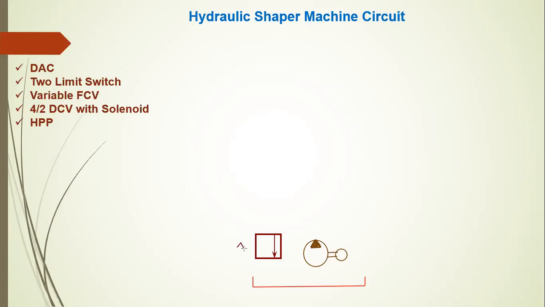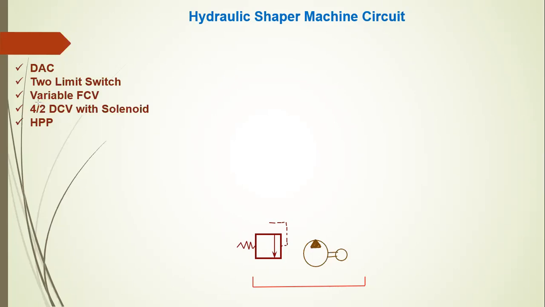When the pressure inside the hydraulic line rises or exceeds the critical condition, the pressure relief valve operates and removes the unnecessary oil from the hydraulic line, giving protection against higher pressure. This is the drawing for a pressure relief valve.